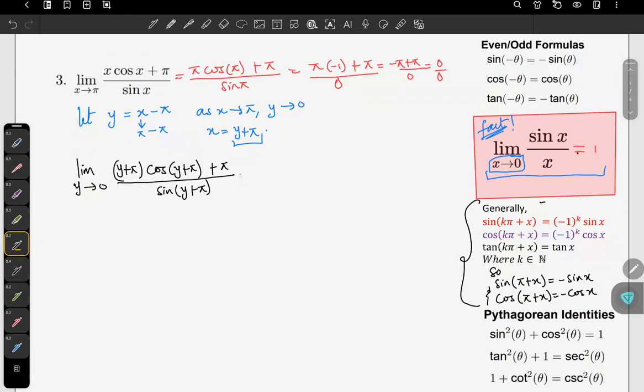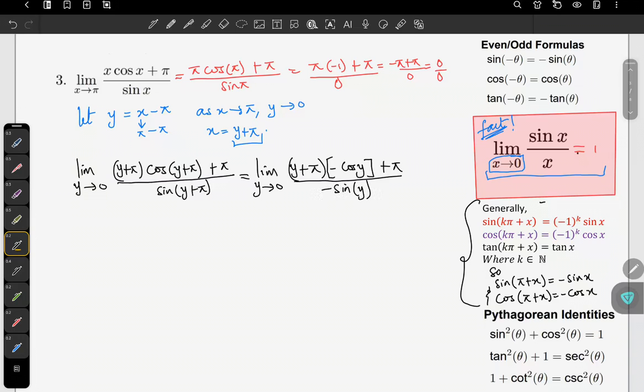So we can rewrite this as the limit as y approaches 0 of (y plus pi) times negative cosine of y, let me put that in square brackets, all over negative sine of y. Now we are making progress.